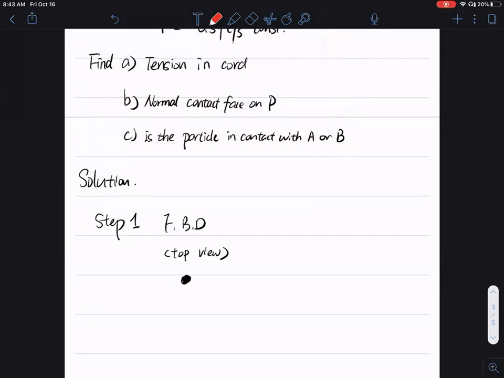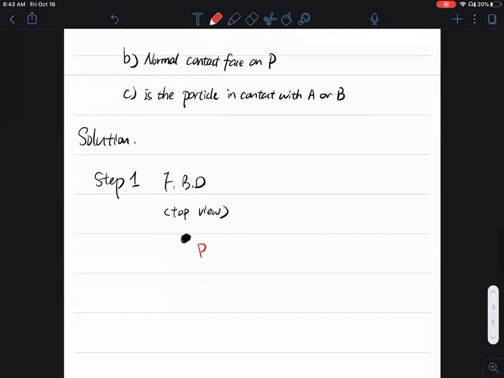Okay, my first question for you is how many forces would be on your free body diagram for that particle P? Use your finger, show me how many forces on your free body diagram. Someone said 3, someone says 2, someone says 4. Alex, you're always 4. What are the 4 forces?